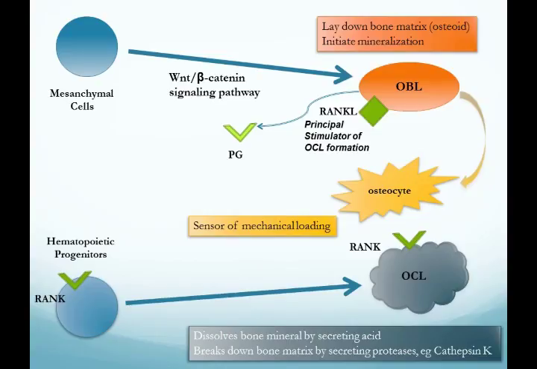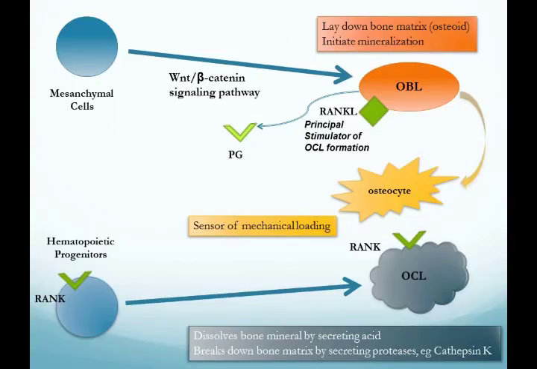Now, if there was only RANK ligand and RANK, you could imagine that after a while we would all turn into jellyfish, because there's something activating the osteoclast, and the osteoclast is just eating away at the bone, and there'd be no more bone left. But there is an innate molecule. I apologize, there should be an O here. It's called osteoprotegerin, OPG.